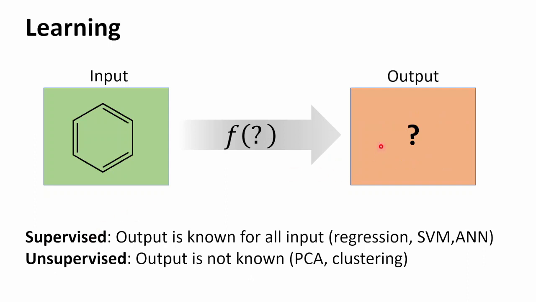Once we know what the output is, it's easy to say whether it's classification or regression. But what if we don't have an output at all? If we just have molecules and we want to group them together by some means, that is called unsupervised learning.